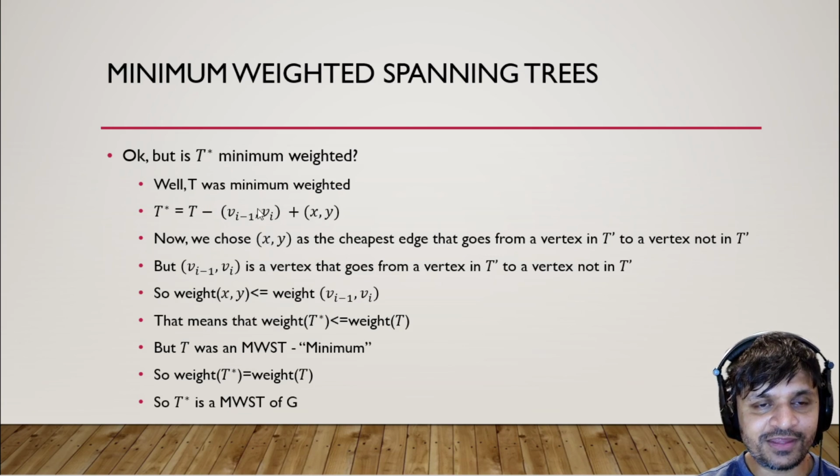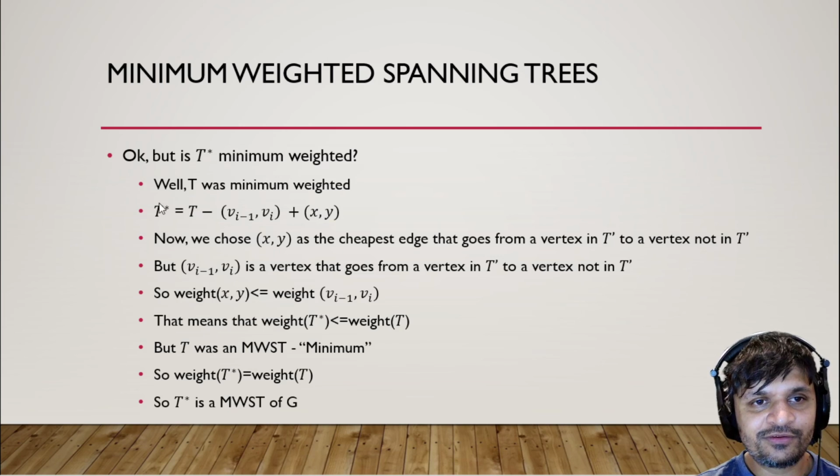But then T star is equal to T minus v_{i-1}v_i plus xy. And if xy is cheaper than v_{i-1}v_i, that means the weight of T star must be less than or equal to the weight of T, because we've removed an edge and then added an edge that's cheaper or the same.